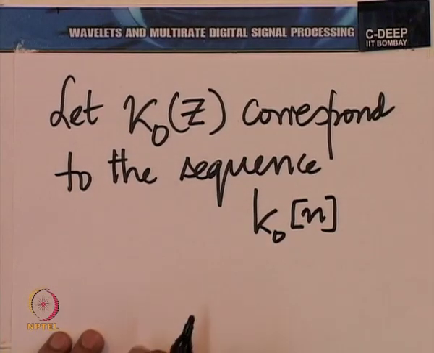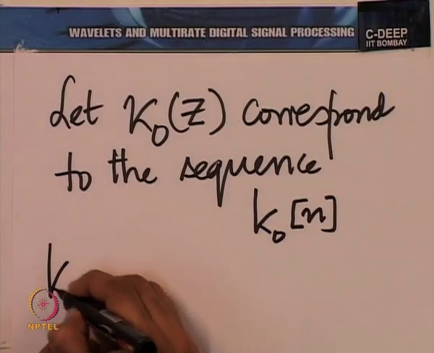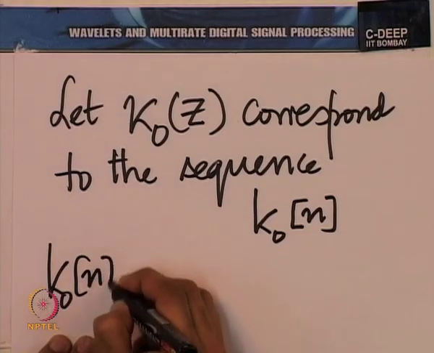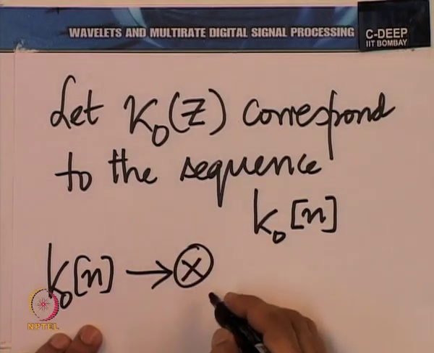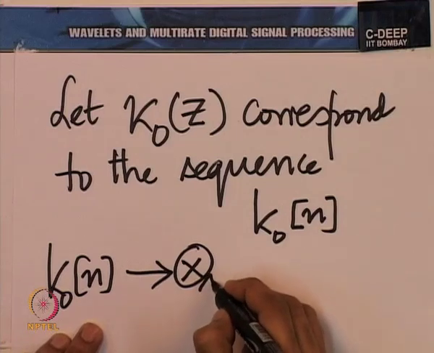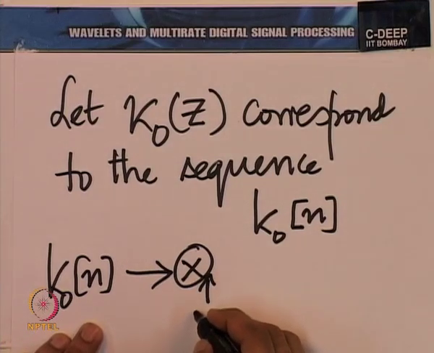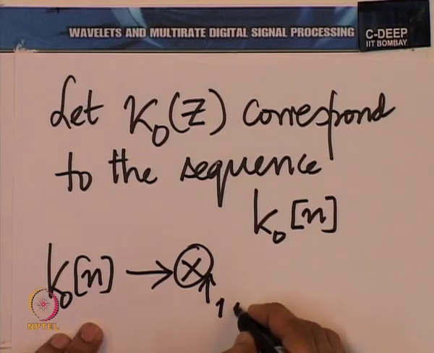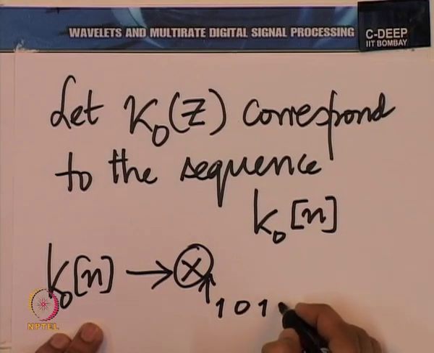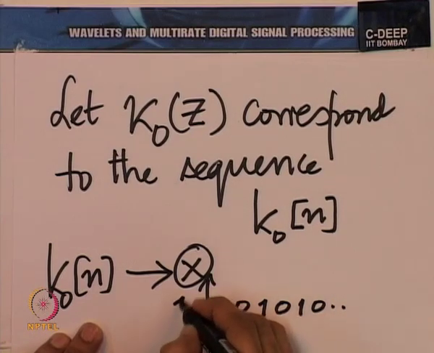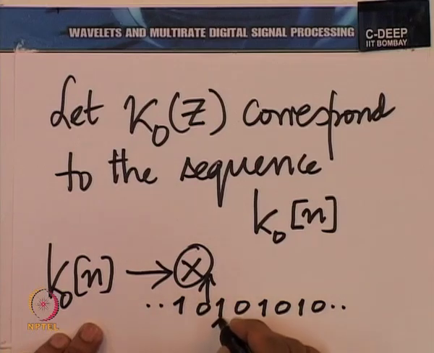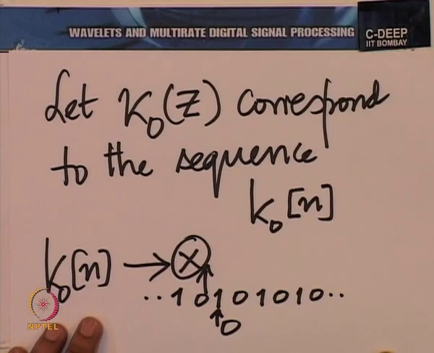Then what we are saying is that when this sequence is modulated by a sequence which is 1 at the even locations and 0 at the odd locations, so, it is something interesting we are doing.